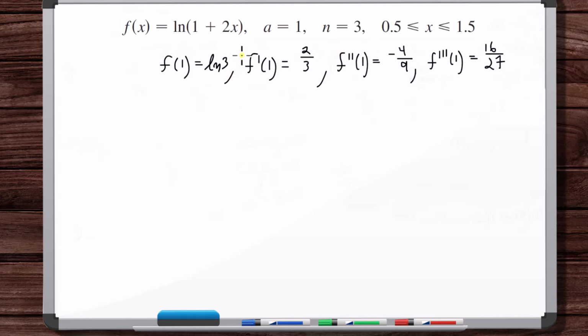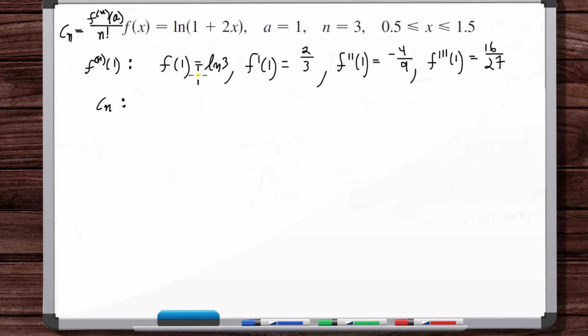So all we need to do now is, we know that C sub n is the nth derivative at the center point over n factorial. What we have here are the nth derivatives at the center point. So now to get the C sub n's, we just divide by n factorial.